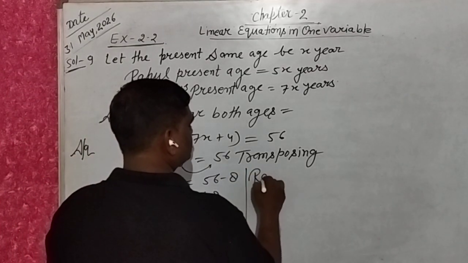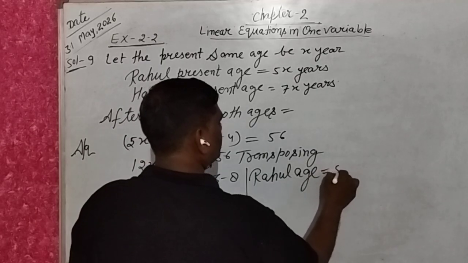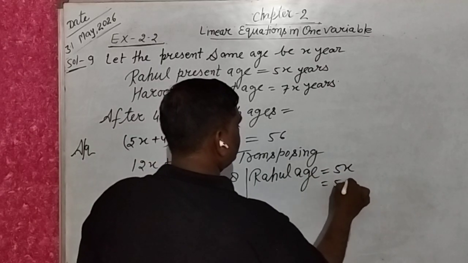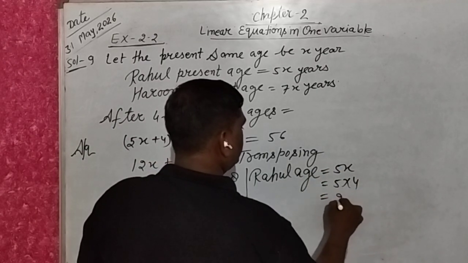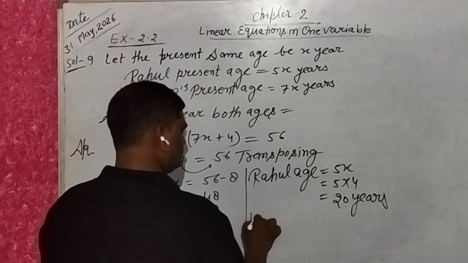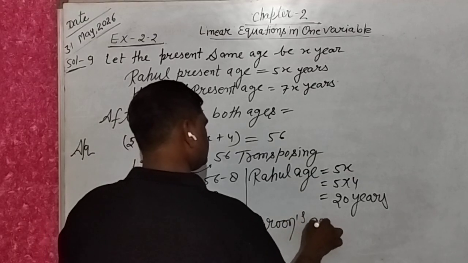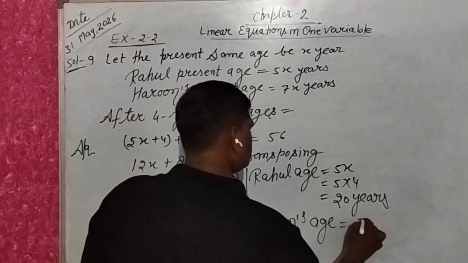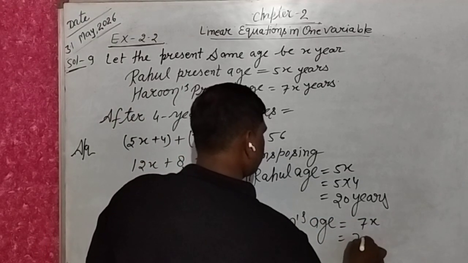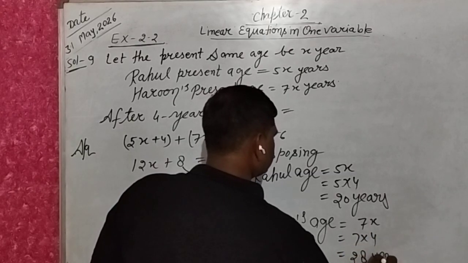For x value 4, that is the common factor, but the ratio is 5x and 7x. So Rahul is 5x, 5 into 4 is equal to 20 years old. Harun is 7x, 7 into 4 is equal to 28 years.